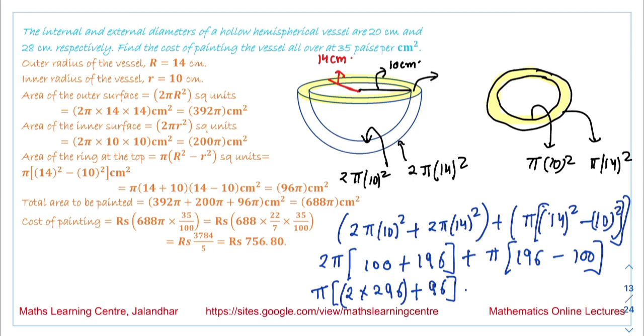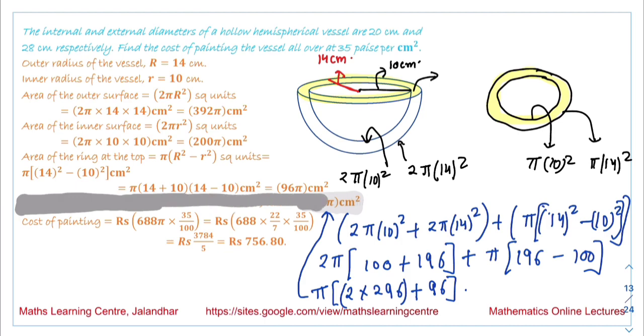On solving these values, we will get that the total area is 688 pi centimeter square. This is the total area to be painted.